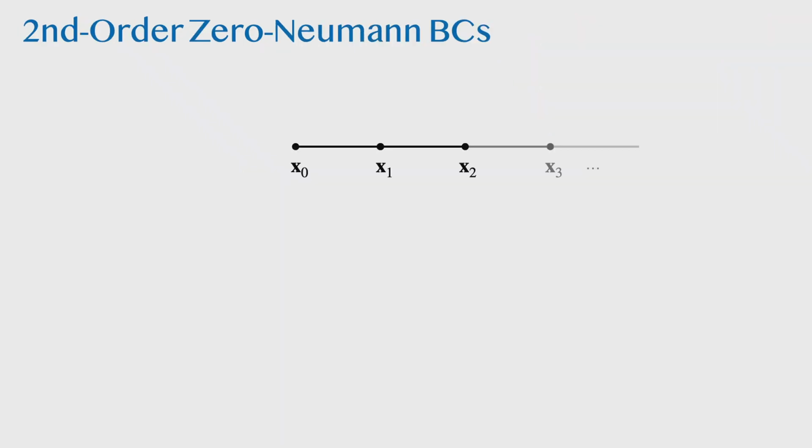Okay, and so if you want to do second order accuracy, let's just first consider what would be done if you were just doing standard finite differences on a Cartesian domain. So you have some boundary that's at x0, partial s, and the Laplacian in 1D is approximated with a 3-point stencil. This one here centered at x2.